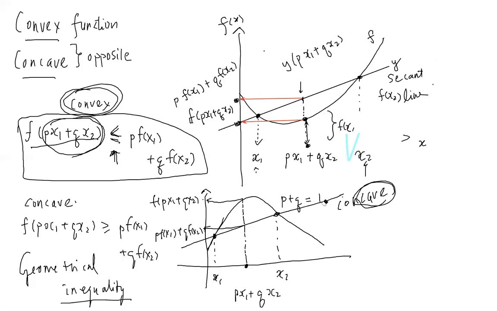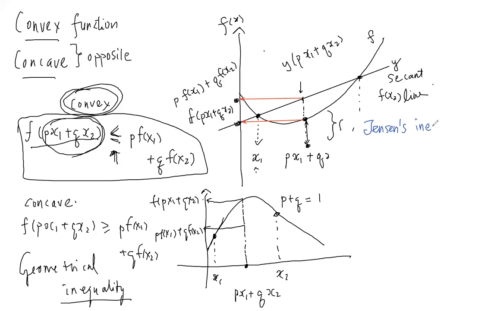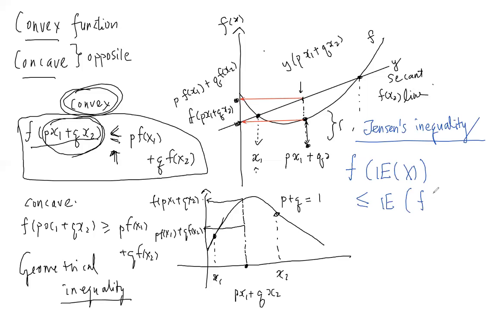Let me just clear some space here. So now we can talk about Jensen's inequality. Jensen's inequality states the following: the function of an expectation of x is bounded by the expectation of the function of x.